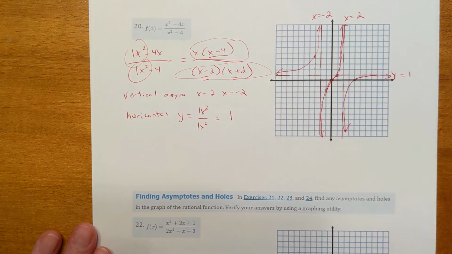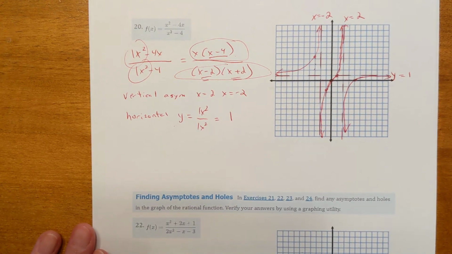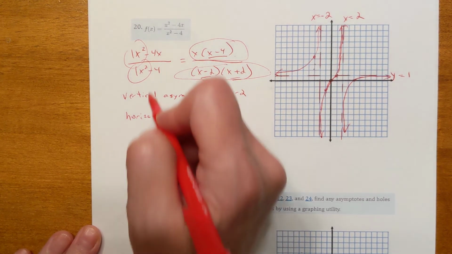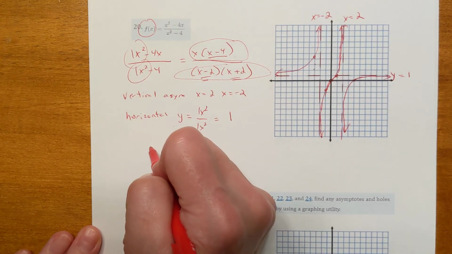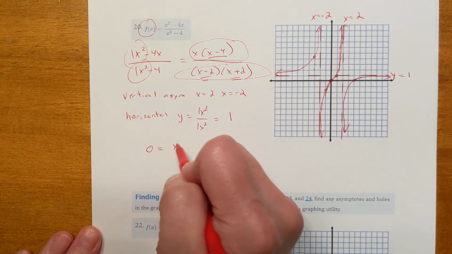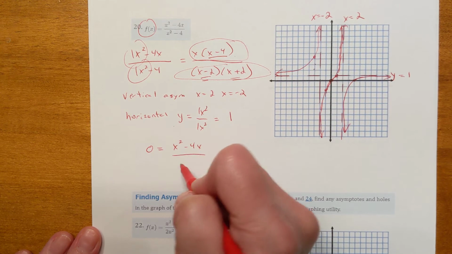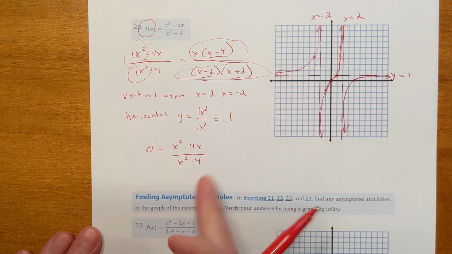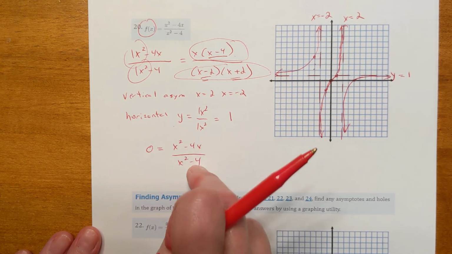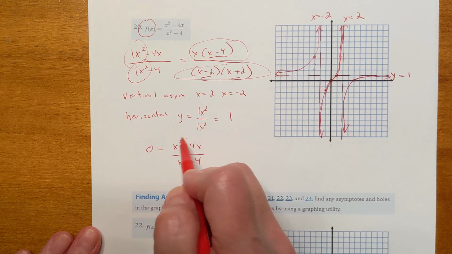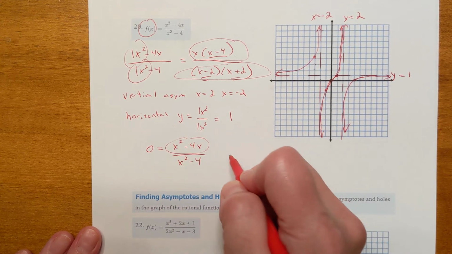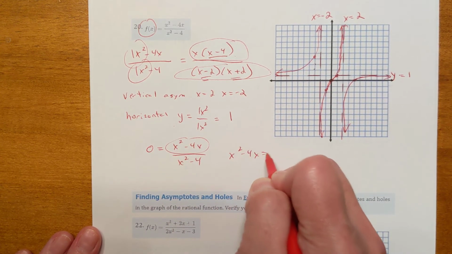All right, beautiful. So I was talking about the x-intercept, and how do we get that? The x-intercept is when y is equal to 0. So when y, or f of x, is equal to 0, when is 0 equal to x squared minus 4x over x squared minus 4? That fraction is equal to 0 when the top is equal to 0, when x squared minus 4x equals 0.